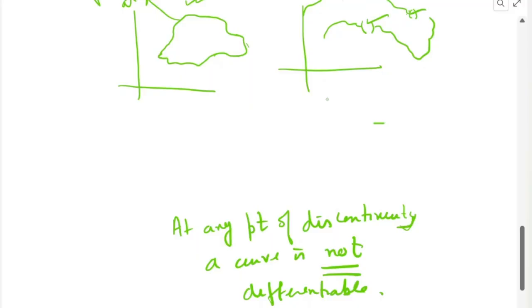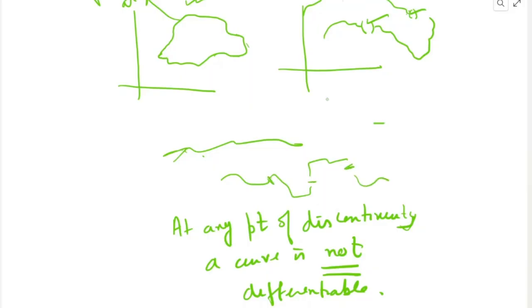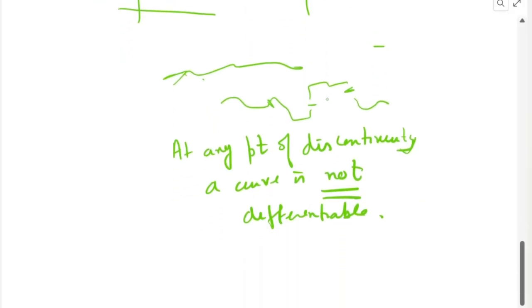So if a curve is continuous, you may try to differentiate the curve. But if the curve is not continuous, like this, then this, then this, then at this point, at this point, at this point, you cannot draw any tangent. Why can you not draw any tangent? Because you cannot differentiate the curve at that point. There is no derivative of the function at those points. So this is the thing.